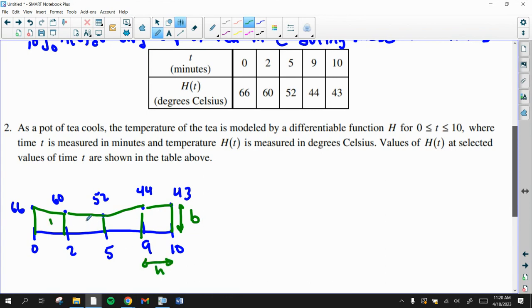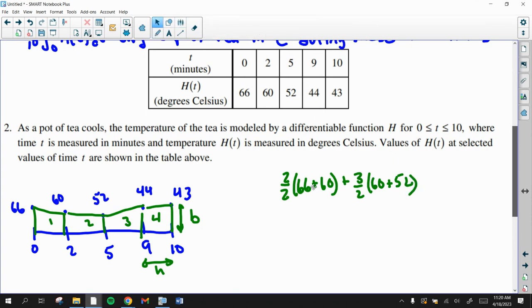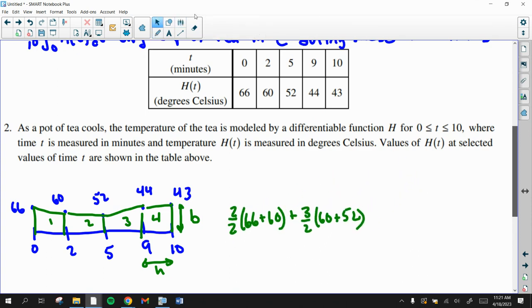I wouldn't do all this on the exam, but I want to make sure you're following this. Trapezoid 1 is height over 2, so 2 over 2, times the sum of the bases, 66 plus 60. Plus trapezoid 2 would be 3 over 2 times 60 plus 52, and so on. I'm going to run out of room, so let me move this over a little bit.